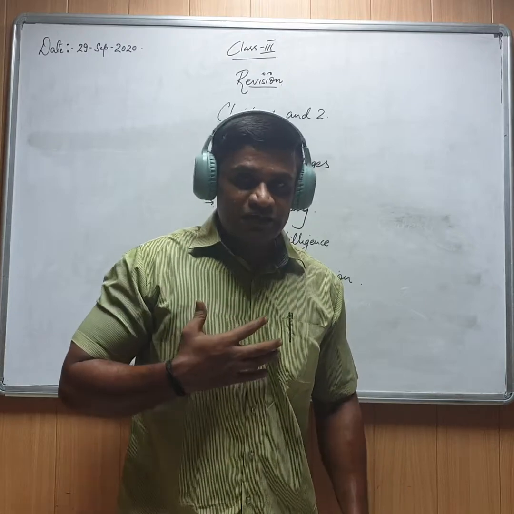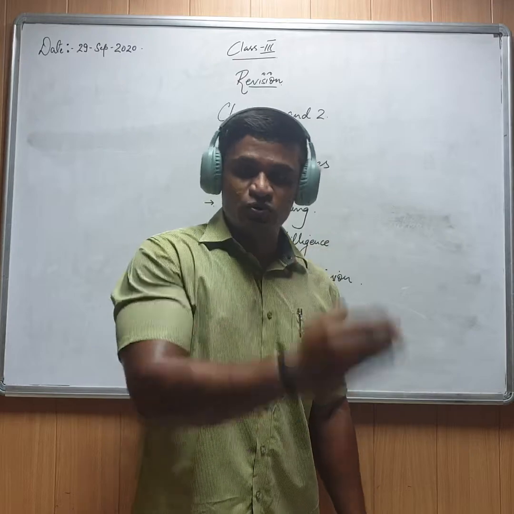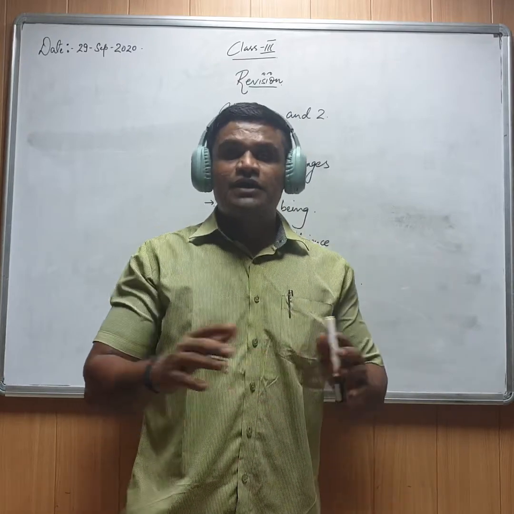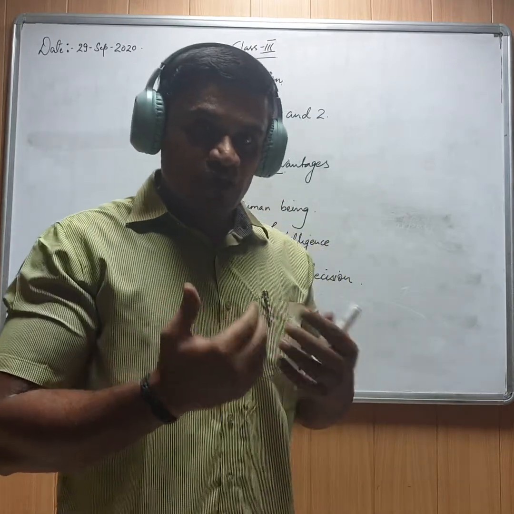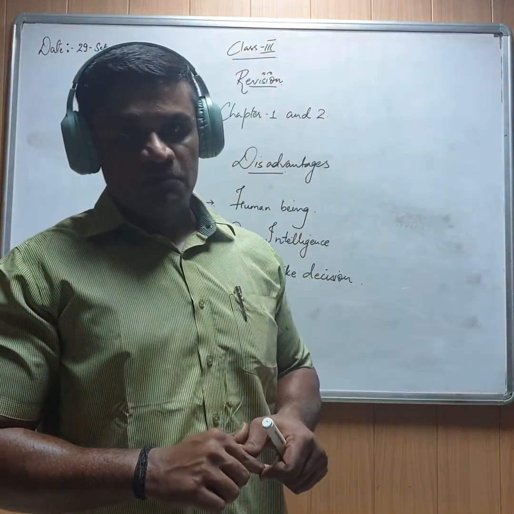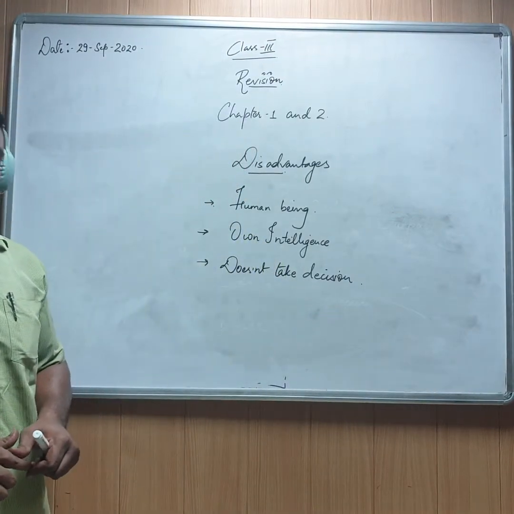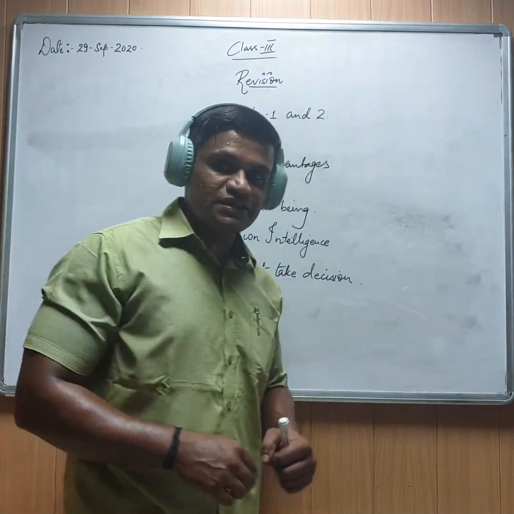No. We are the ones who start it, who shut it down, who tell the computer to do this work, who tell the computer to open an application, and so on. We are the ones who instruct the computer to do a particular work. Third, it can't take its own decision. It is not capable of taking its own decision.